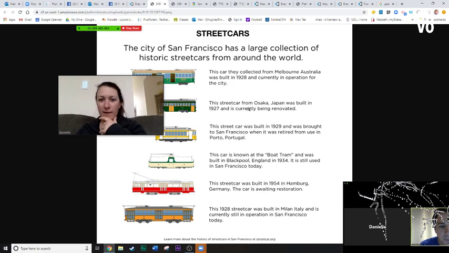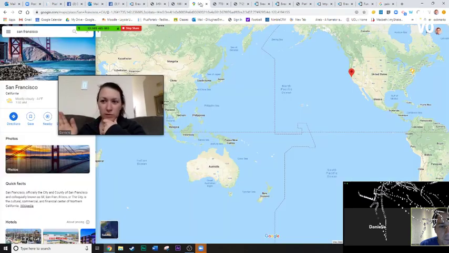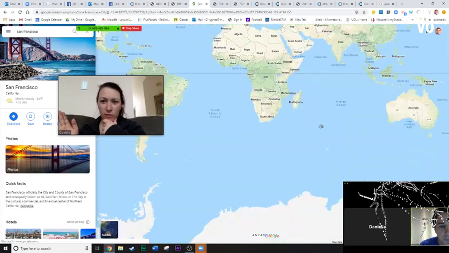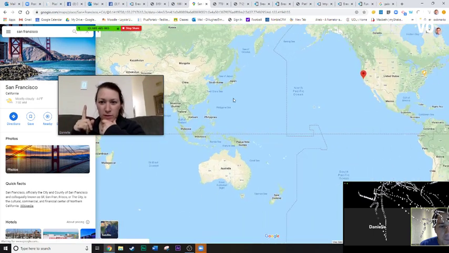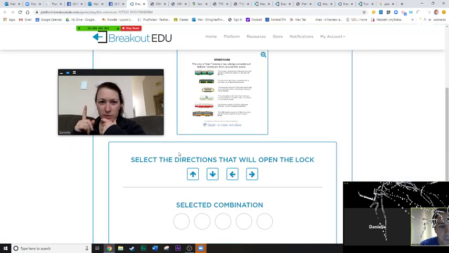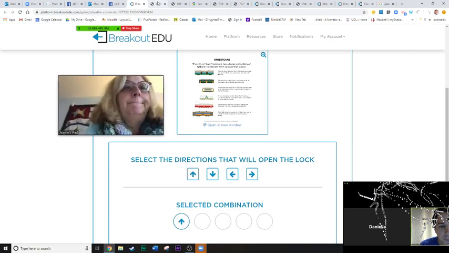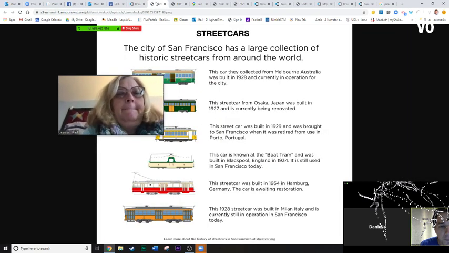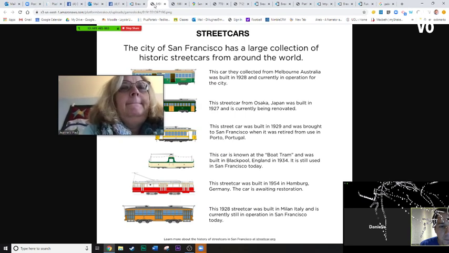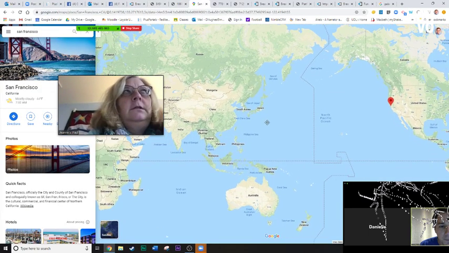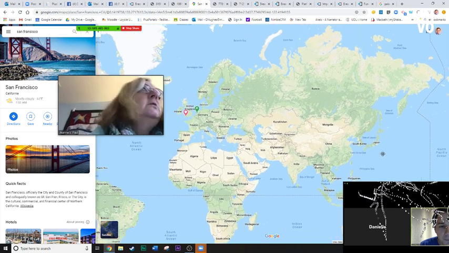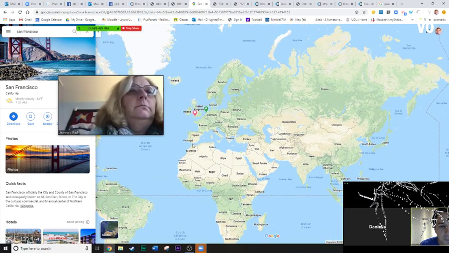Osaka then, which is up. We go up, north. Okay, and then from Osaka, we go to Portugal, which is going to be left. Yeah, left.